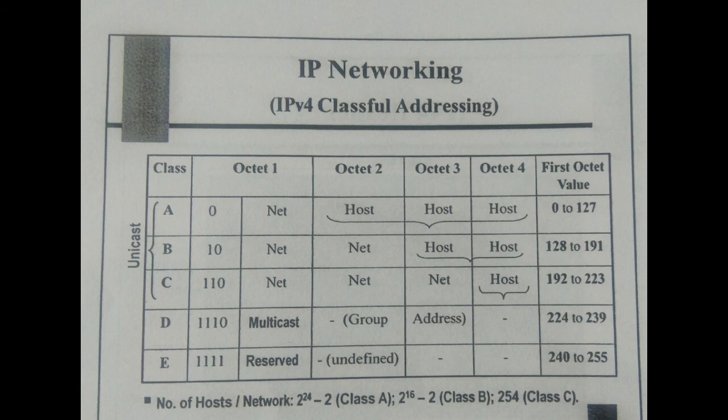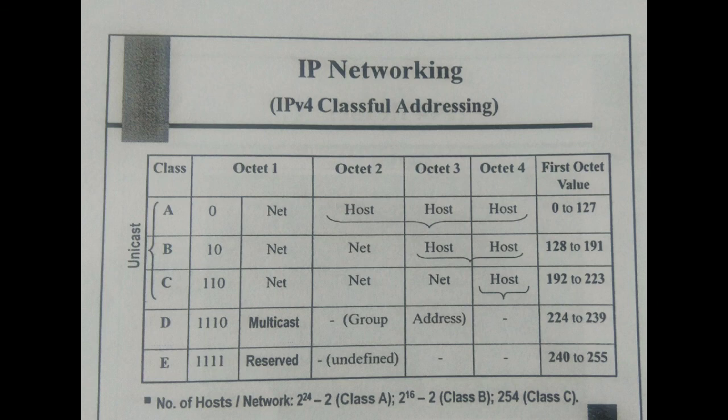For class B, octet 1 and octet 2 are for the network, and octets 3 and 4 are for the host, with the first octet ranging from 128 to 191 in decimal. For class C, octets 1, 2 and 3 are for the network and octet 4 is for the host. In this way, these are classified.